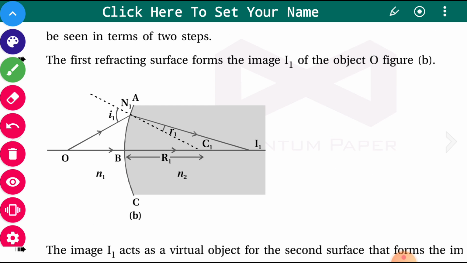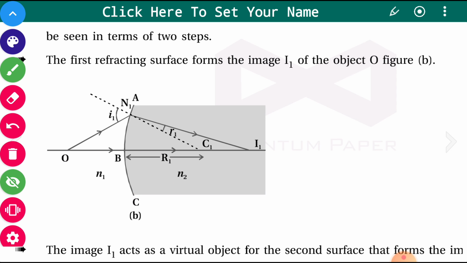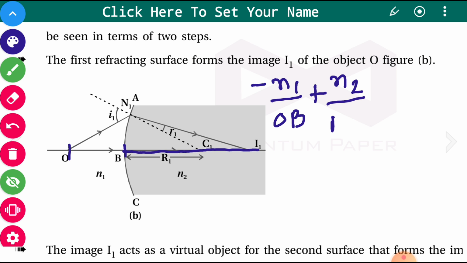Try to understand again. Here everything is understood with the help of the figure. This OB is the object distance, and BI1 is the image distance. So if you want to write the equation which we derived last time, it is minus n1 upon OB plus n2 upon BI1, and it will be equal to n2 minus n1 upon r.